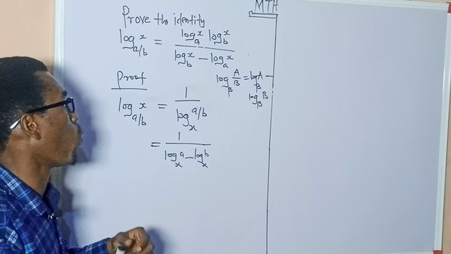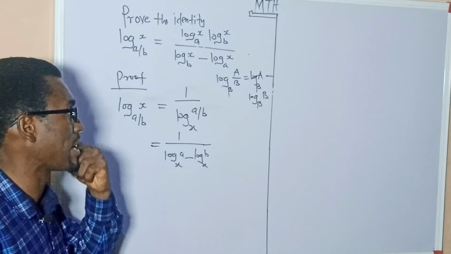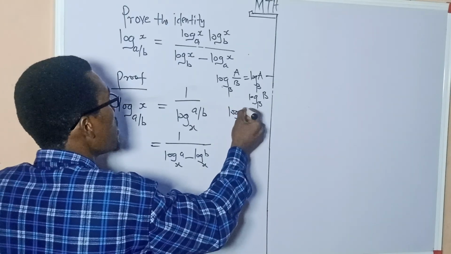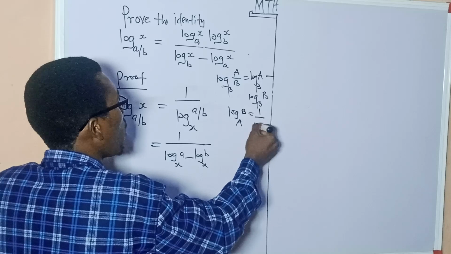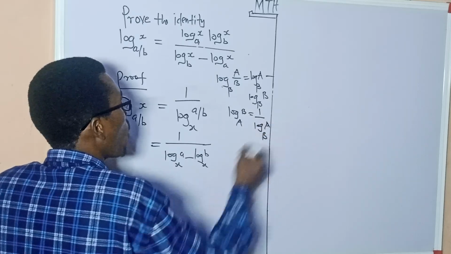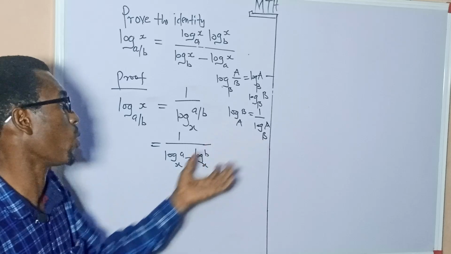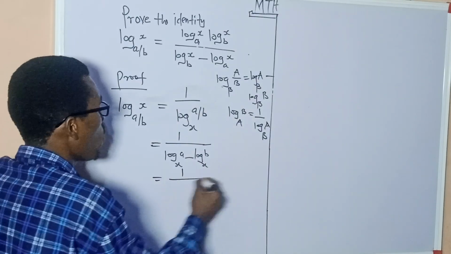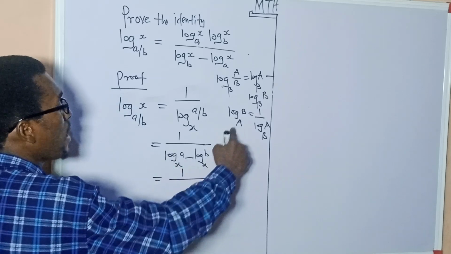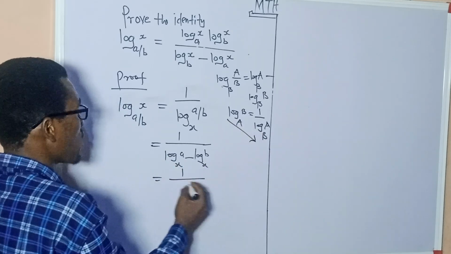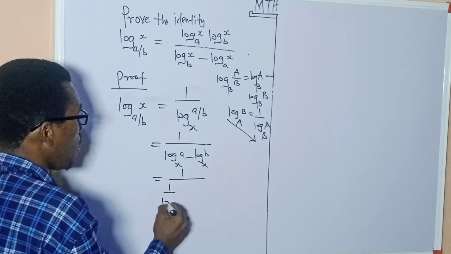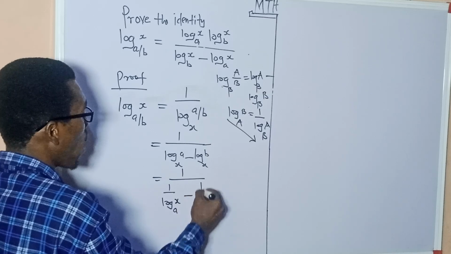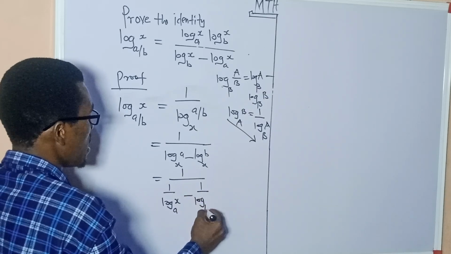We shall apply that initial law as stated before, that is, log to base a of b is equal to 1 over log to base b of a. We apply this law again to each of these terms. So we shall have 1 over, 1 over log to base a of x, minus 1 over log to base b of x.